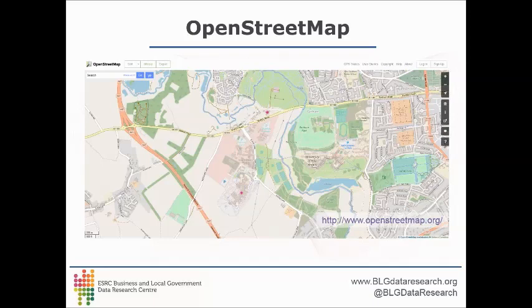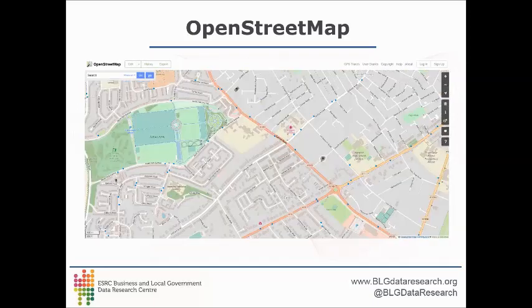Firstly, because it's crowdsourced, the extent of the content can vary quite a lot geographically, often even within quite short distances. So the slide that you can see now on the screen is actually from part of the city of Norwich, the southwest of Norwich.